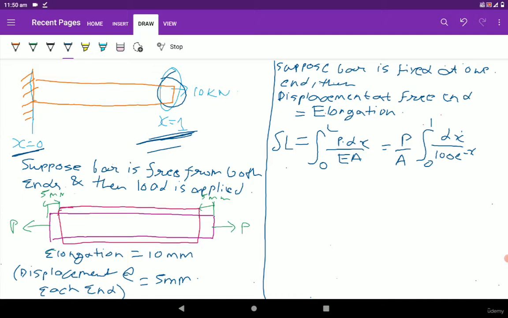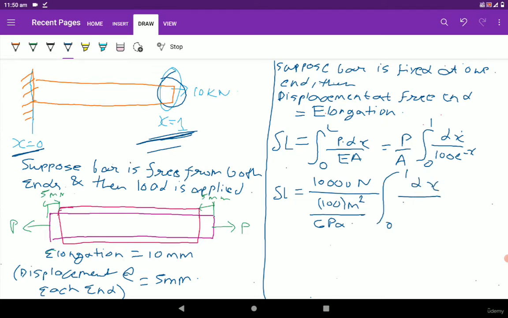So substituting the value, delta L is equal to 10,000 Newton, that is 10 kilonewton, divided by 100 millimeters square per GPa, integral 0 to 1 dx upon 100 e power minus x.